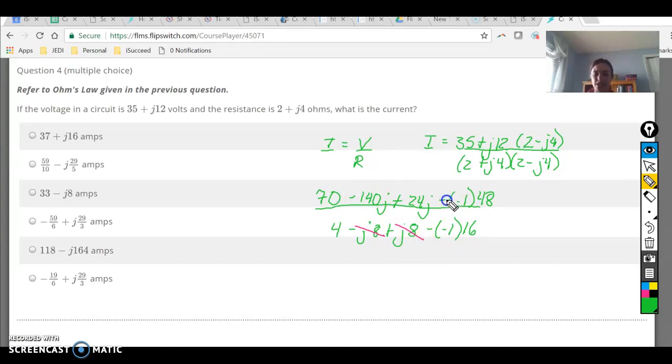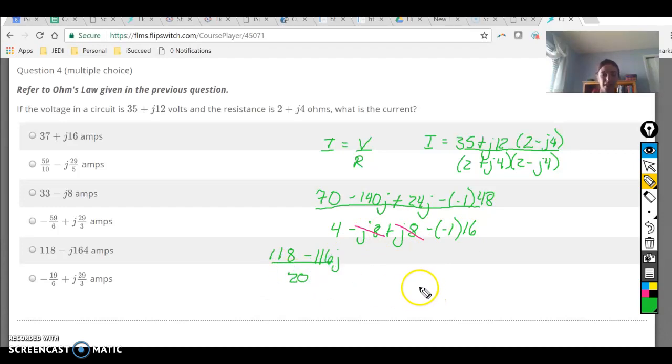So 70 plus 48 gives me 118. Okay, and then negative 140 plus 24 is a negative 116. Okay. And then that is all going to be over 4 plus 16, which is 20.